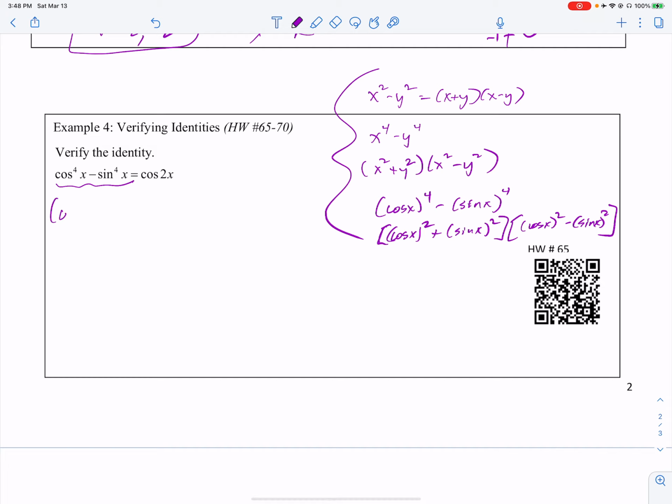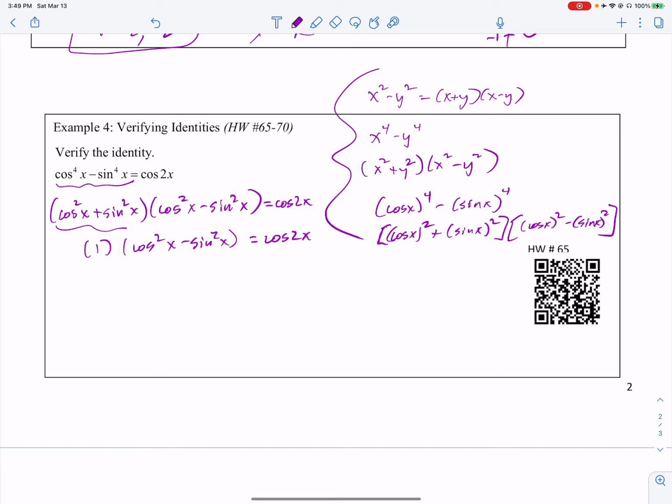And so this is going to factor, we write it cosine squared x plus sine squared x, and cosine squared x minus sine squared x equaling cosine 2x. And this is 1. And so now I have cosine squared x minus sine squared x equaling cosine 2x. And that's an identity.